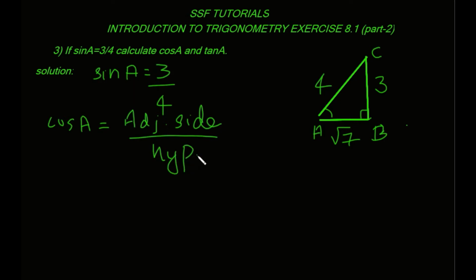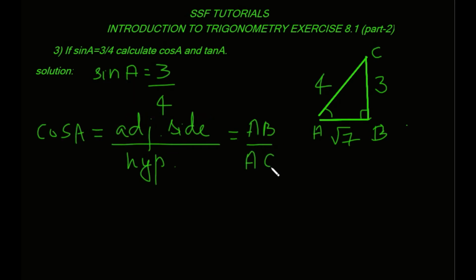The adjacent side in the diagram, we have to calculate with respect to angle A, so the adjacent side is going to be AB, divided by the hypotenuse side, which is opposite to angle B, which is AC. Now AB is equal to root 7 in the figure, and AC, as we know, is going to be 4. So cos A is going to be root 7 divided by 4.